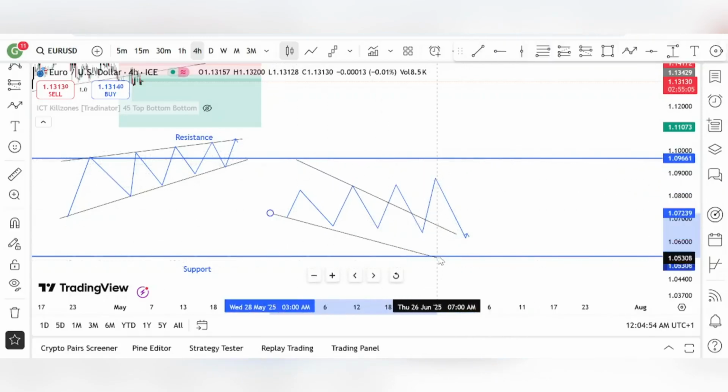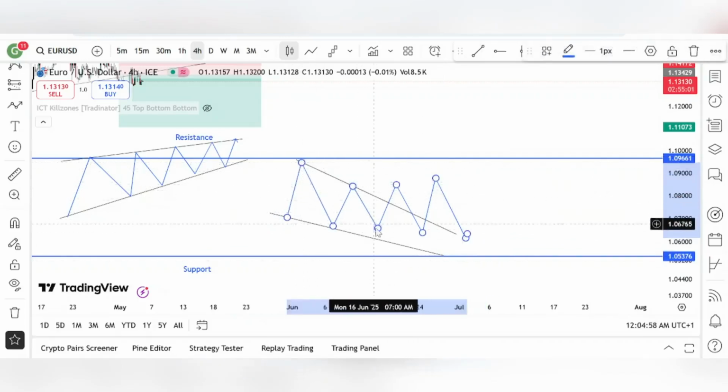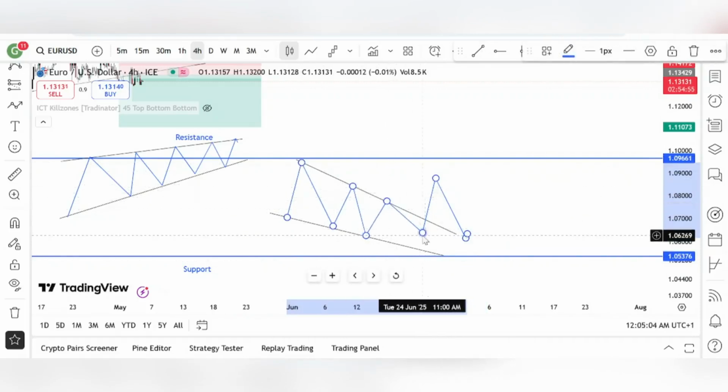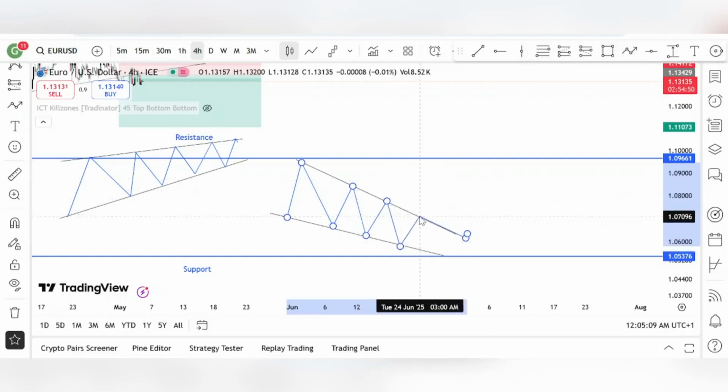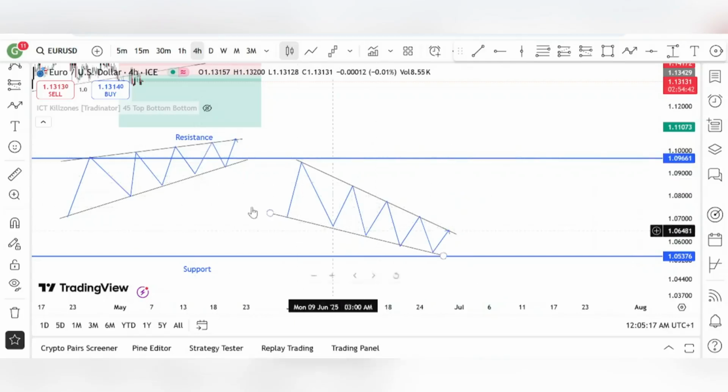So now this was the descending wedge. Okay, let me just put this. In this descending wedge pattern, you can see how it is. So this is the rising and descending wedge, right? We just have two of them.